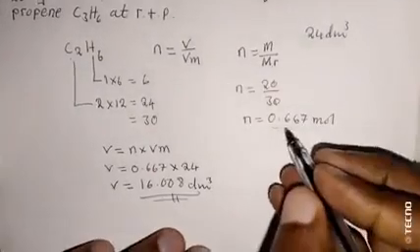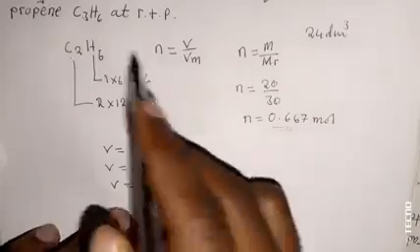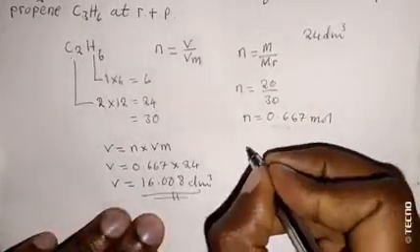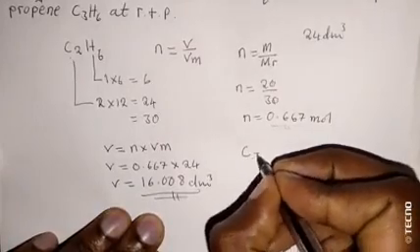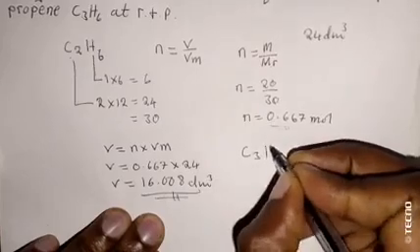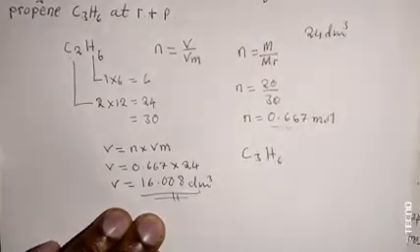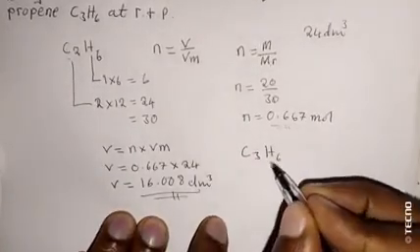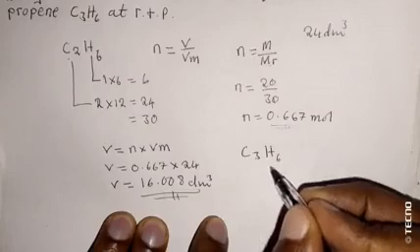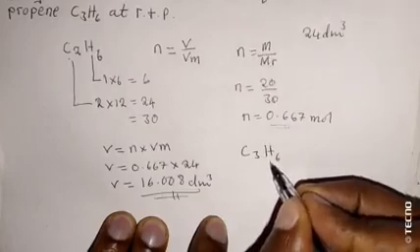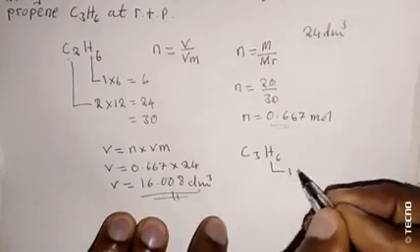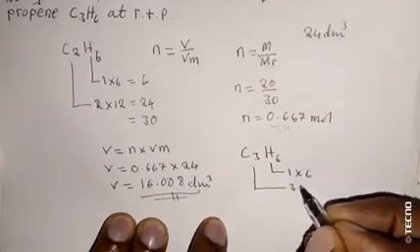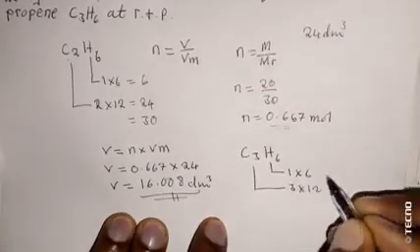Having this one, the compound is C3H6. We are going to find the molar mass here. Carbon is 12 with 3 atoms, so 3 times 12, and hydrogen is 1 with 6 atoms, so 1 times 6.